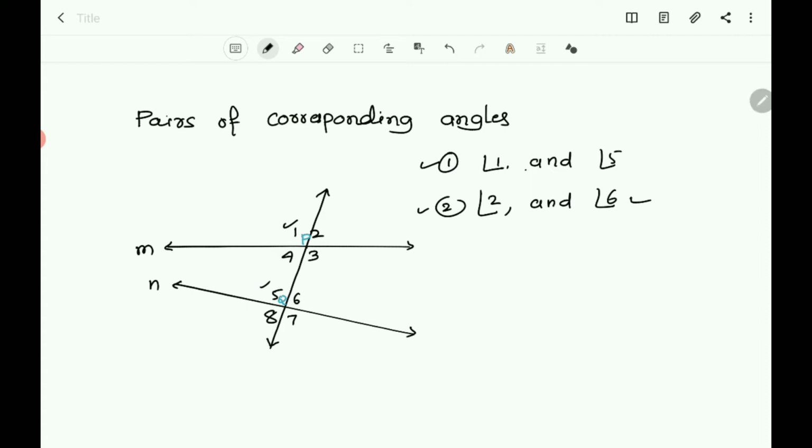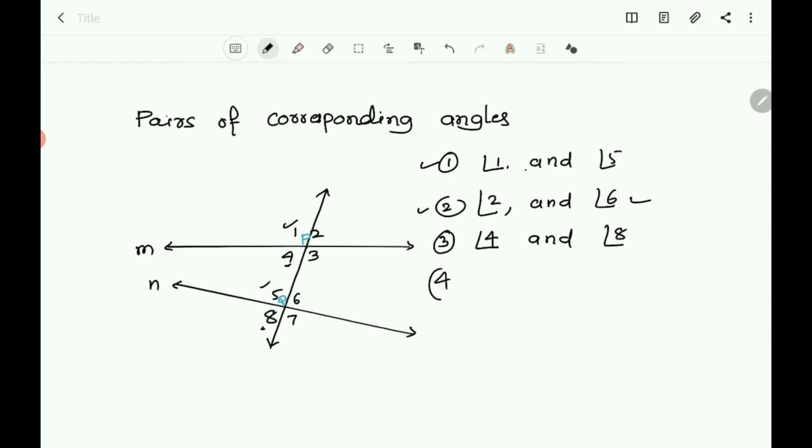Next, we will have two more pairs which are below the lines. Third one, see angle 4 and angle 8. They are the angles on the same side of the transversal and they are below the lines M and N. Here angle 4 is below the line M and angle 8 is below the line N. So the third pair is angle 4 and angle 8.